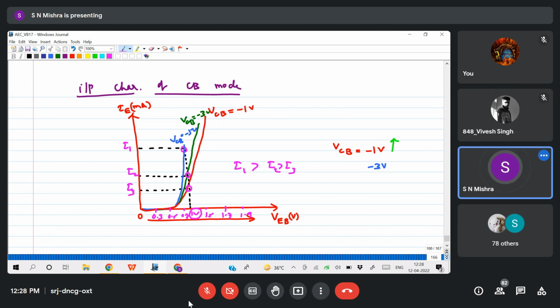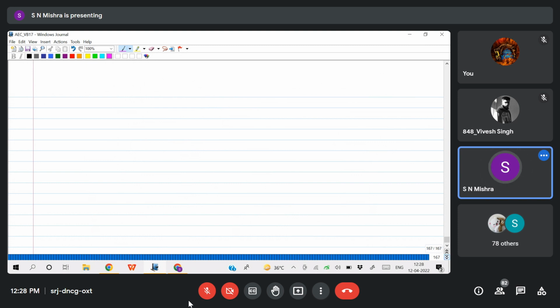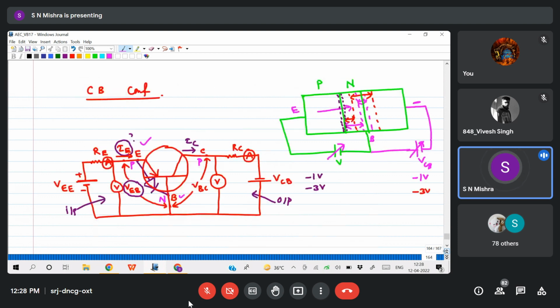Now we'll go for the output characteristic. Let us see the circuit diagram again. Output characteristic means output current and output voltage.